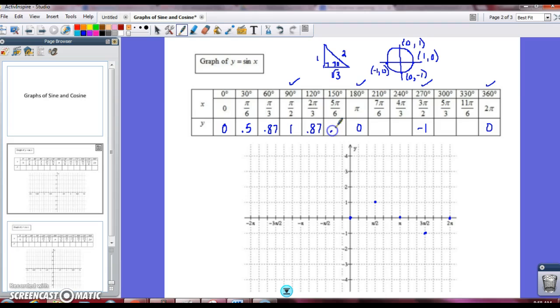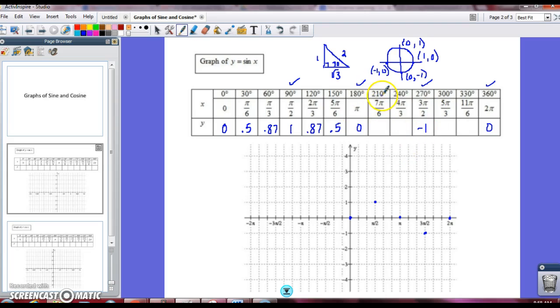Then we'd be back at 0.5 because 150 degrees has a reference angle of 30 degrees. All of the stuff we did in the last unit is translating over into this, but we're just looking at our trig functions a different way. All of those things you learned are still applicable here.